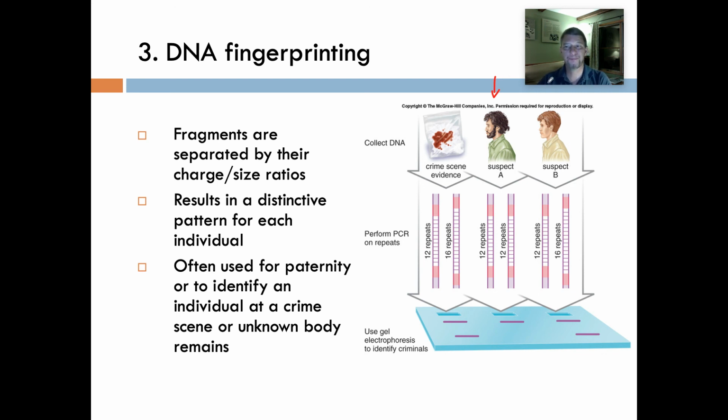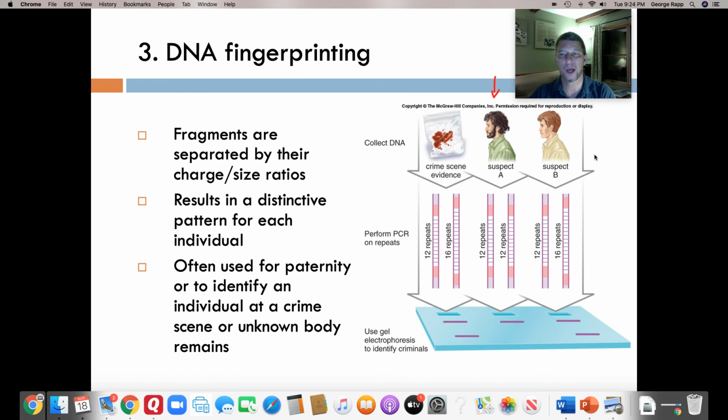Suspect B has 12 repeats on one allele, but 16 repeats in the other allele. All right. Now, what we do is we insert these into a gel and then run an electric current through the gel. We stain the DNA so that it leaves bands, marks on the gel. All right. You run it for 45 minutes or an hour, and you get a pretty little pattern.